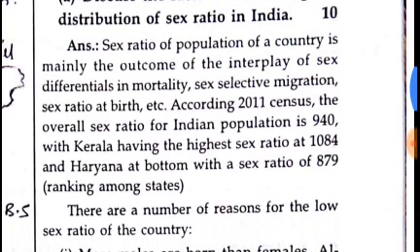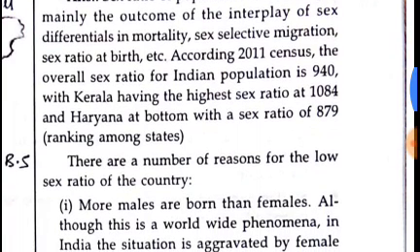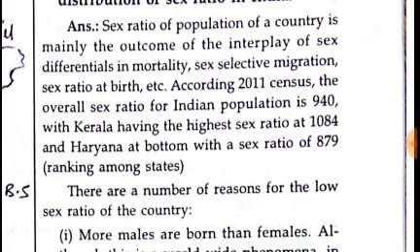According to the 2011 census, the overall sex ratio of the Indian population is 940, where Kerala has the highest sex ratio, 1084 girls with 1000 boys. So if 1000 boys, then 1084 girls, in Kerala.